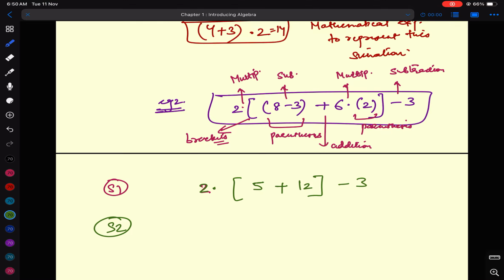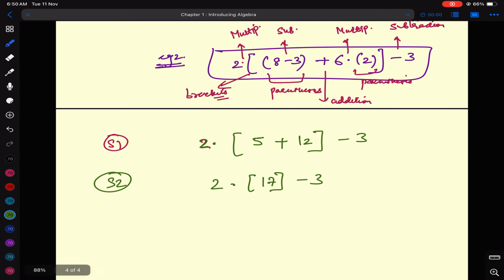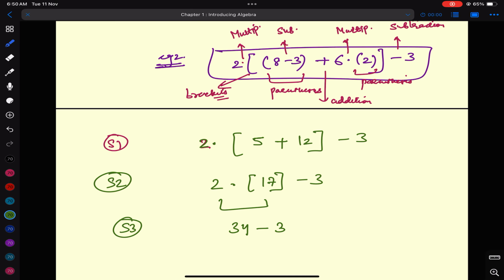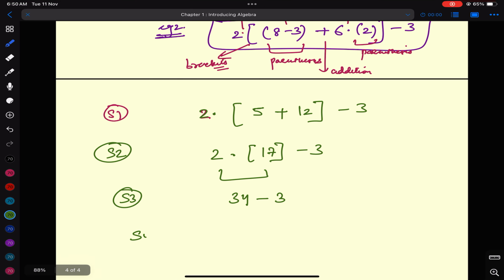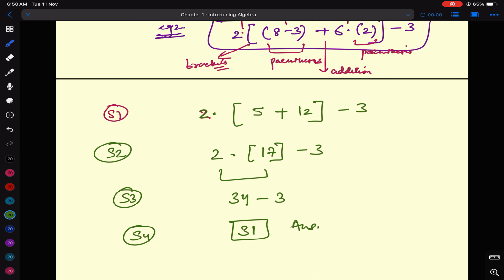Okay, so the next step is going to be the addition of 5 and 12. That is what we are doing, we are simplifying the outer brackets. We are performing the operations inside the brackets, and that gave us 17. Now in step 3 we are trying to get rid of this bracket, and this 17 gets multiplied with 2 in order to give us 34, and that subtracts 3 in front, and that is going to give us the final answer as 31.